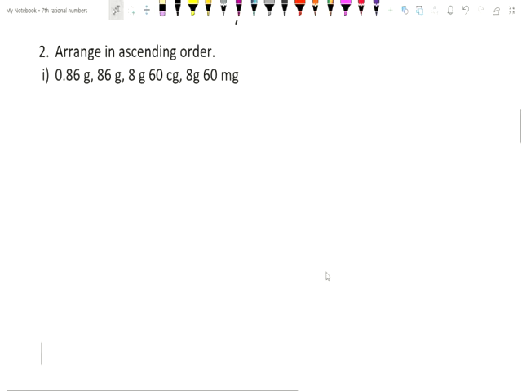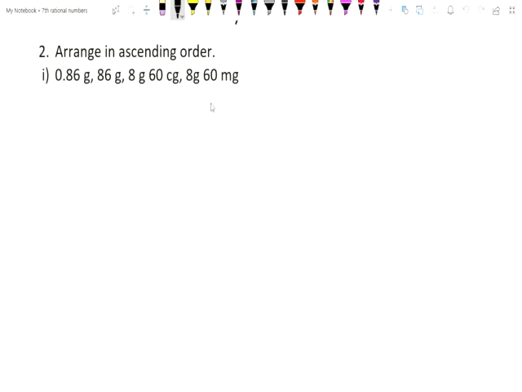See the next one. Arrange in ascending order. We need to arrange these numbers in ascending order. See here: 0.86 gram, 86 gram, 8 gram 60 centigram, 8 gram 60 milligram.